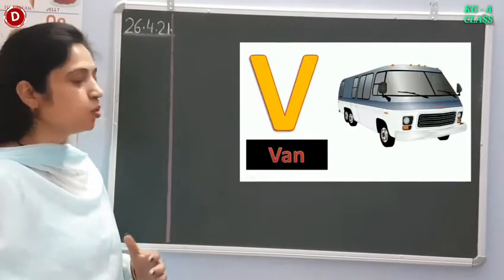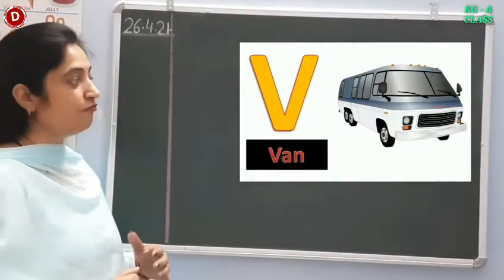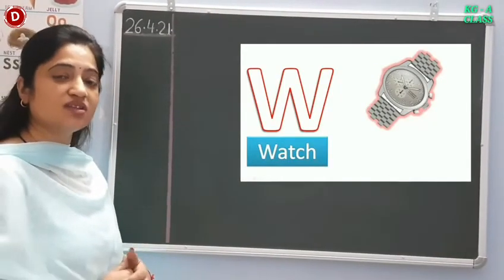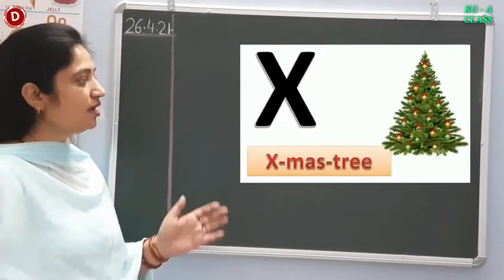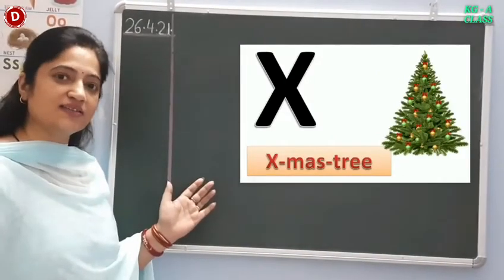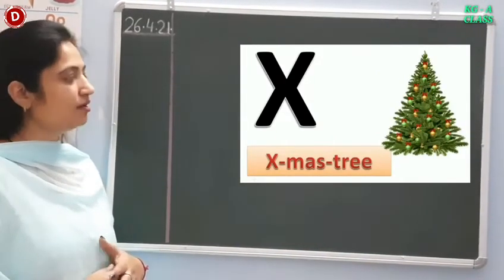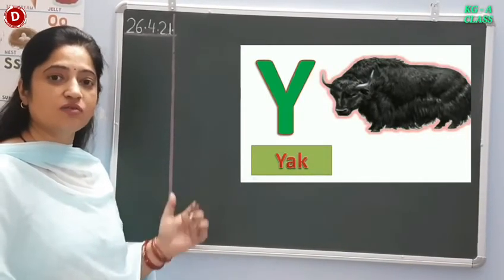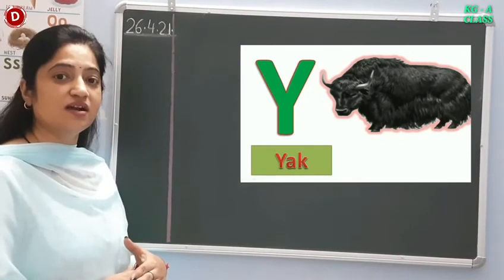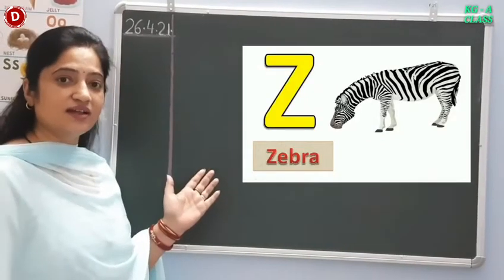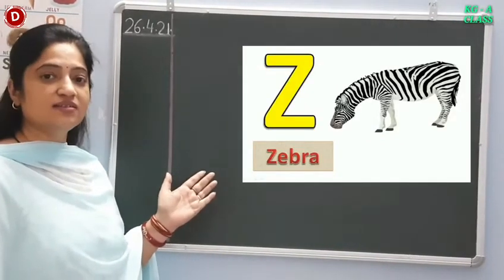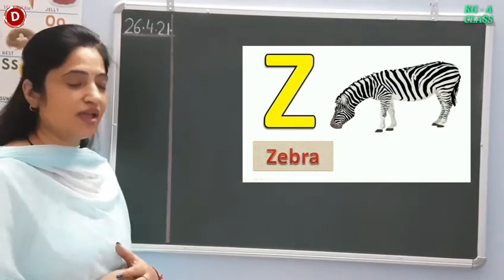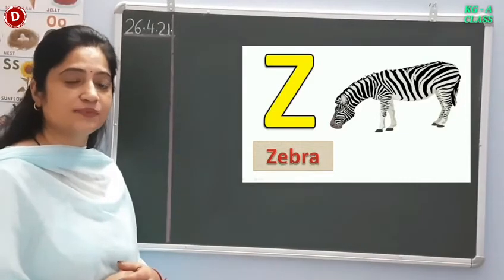Now comes V. V says V as in van. Now comes W. W for watch. X says X. X for Xmas tree. Now comes Y. Y for yak, and Y says Y. Children, this is the last letter Z. Z says Z. Z for zebra.